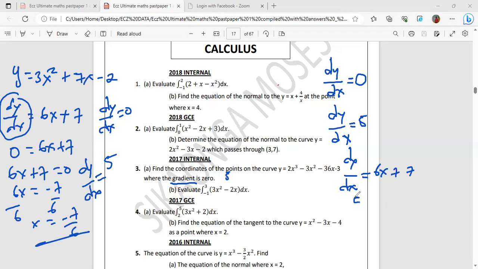So I'll say 5 equal to 6x plus 7. Then you can take this guy to the opposite side. So it's going to be negative 2, 6x over that. x is going to be 1 over 3. All right.